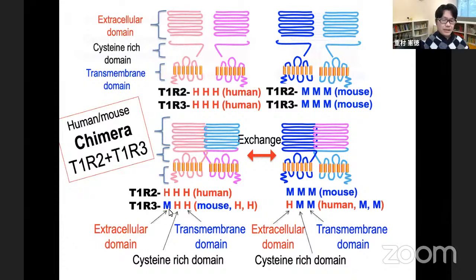T1R3 MHH means the extracellular domain is mouse, and the cysteine-rich domain and transmembrane domain are human. This is the human-mouse chimera T1R2 and T1R3.